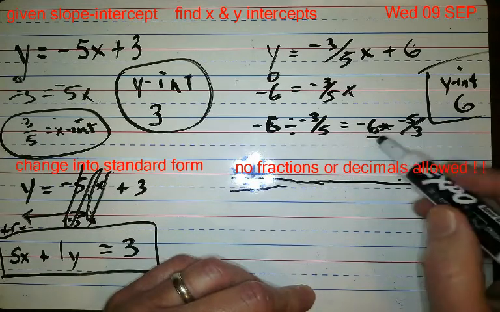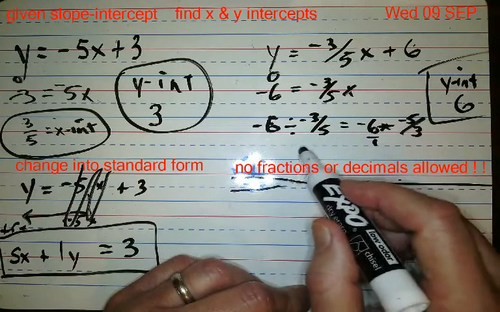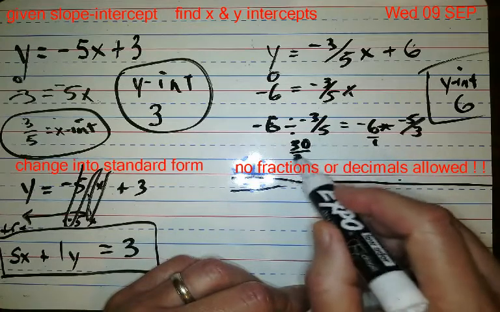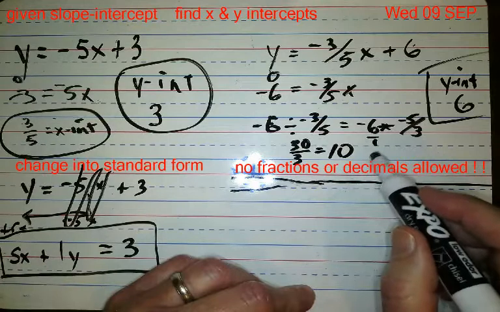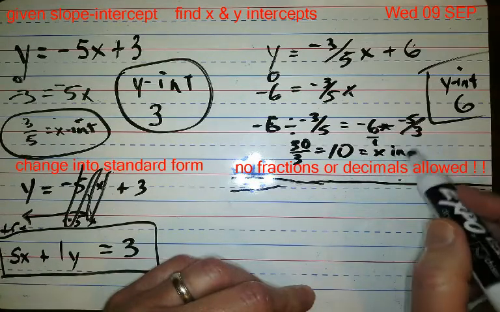Remember, in 5th grade, you have to multiply the top times top. So negative times negative is positive 30 divided by 3. That means 10 is the x-intercept.